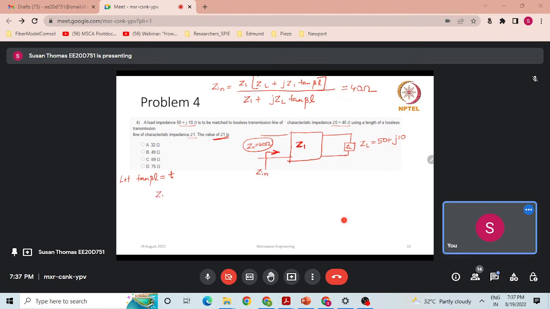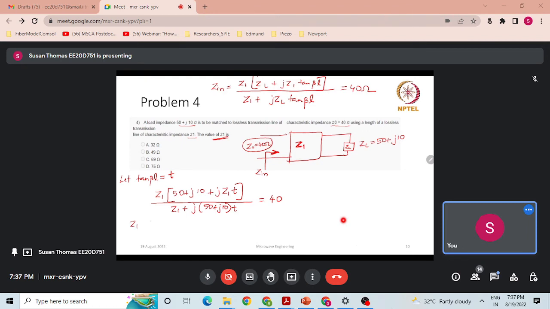Z1 into ZL, that is 50 plus j10, plus jZ1 T, divided by Z1 plus jZL, that is 50 plus j10, into tan beta L taken as T, is equal to 40. Okay. Now if you simplify this, what you will get?